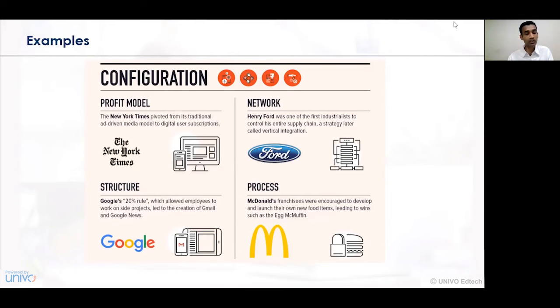In the case of a profit model, the New York Times pivoted from its traditional ad-driven media model to digital user subscription. Initially, the New York Times was available as a newspaper, a publication in printed format. Then the organization moved from its traditional platform to a digital media platform, that is, digital user subscriptions, in which the New York Times is available on telephones, TV, mobile phones, various antennas, dish TVs, and so on.